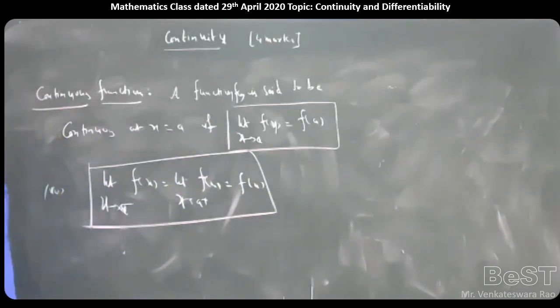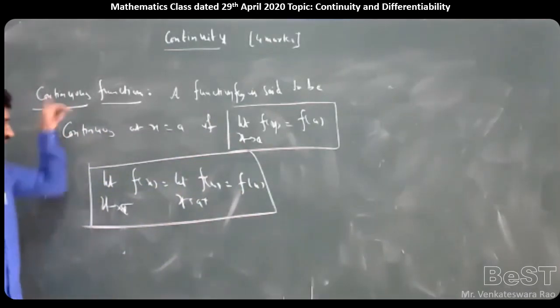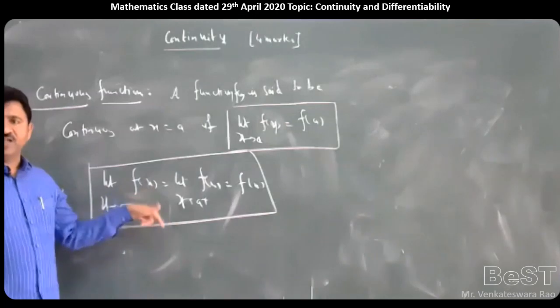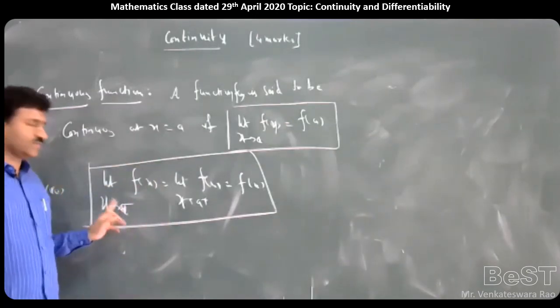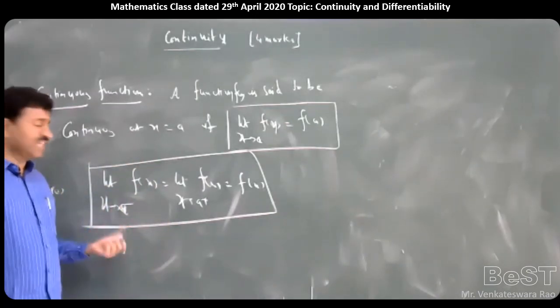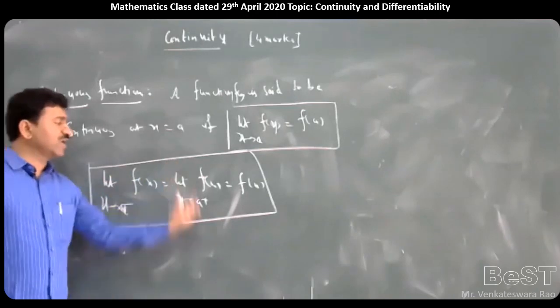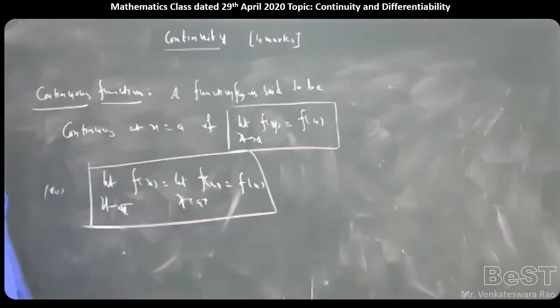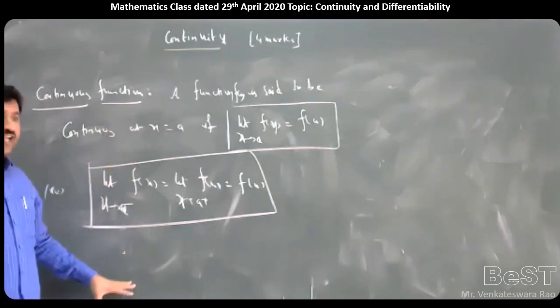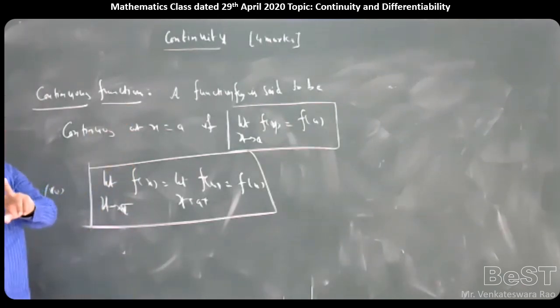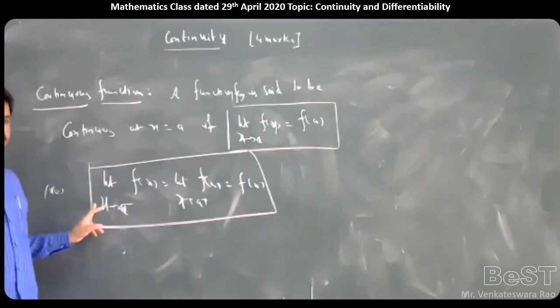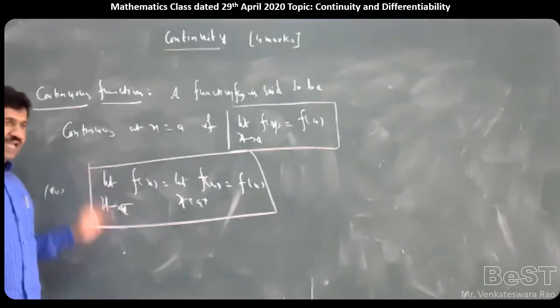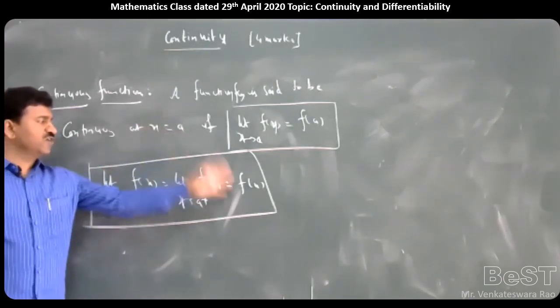Or else, if it is already given as continuous, we can take this condition: left limit is equal to right limit is equal to function value. So you have two types of problems. To prove continuity, for the given problem, the left limit, right limit, and function value will decide.